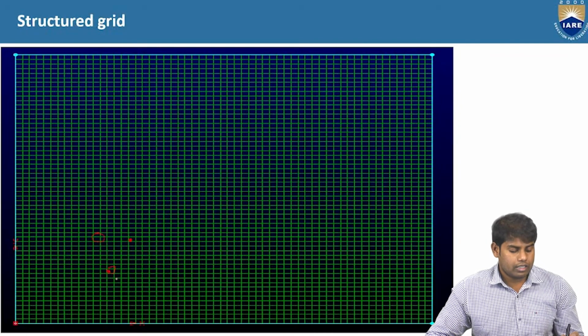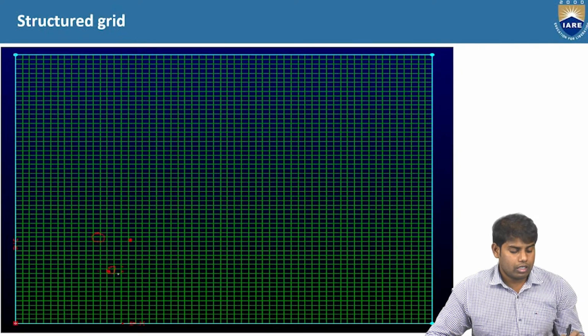Here you can see the grid points are uniformly placed. The successive distance between two grid points is the same, so it is called uniform.